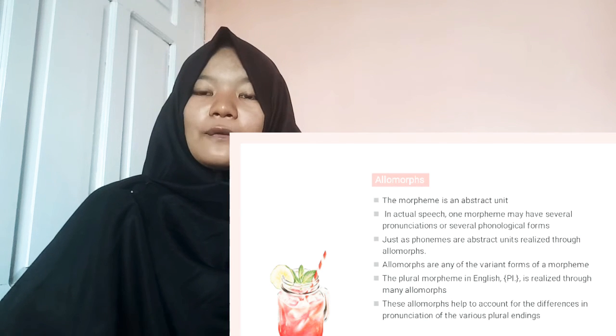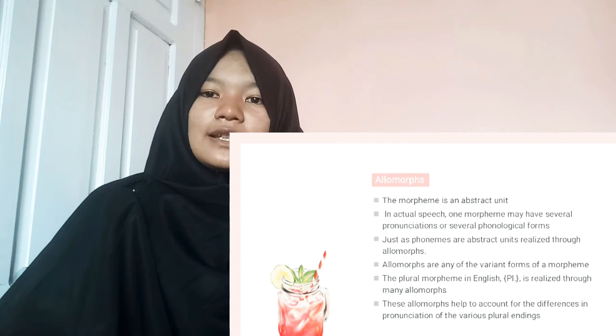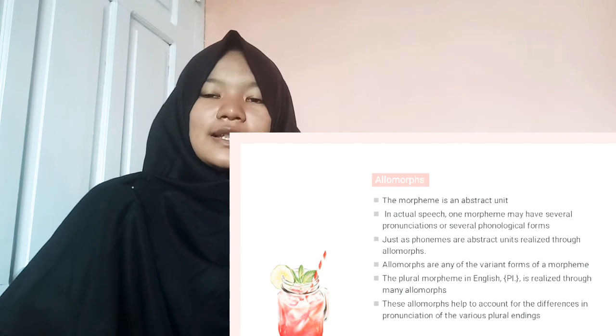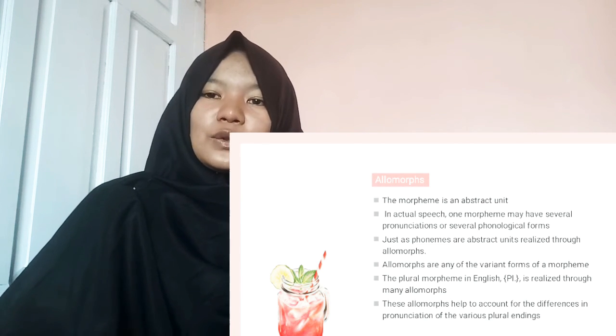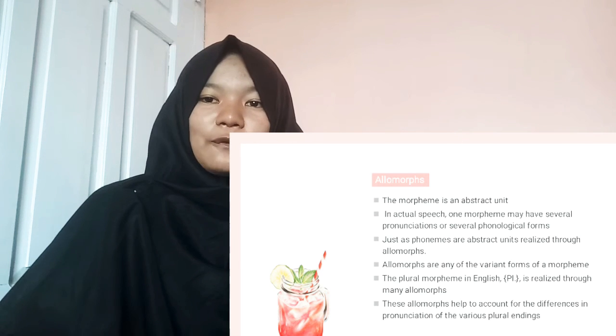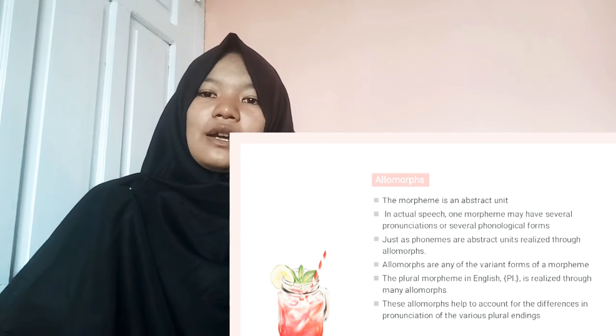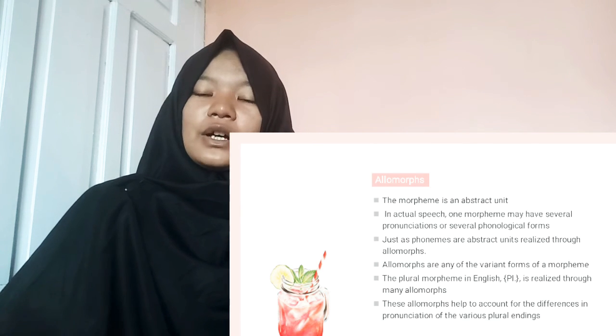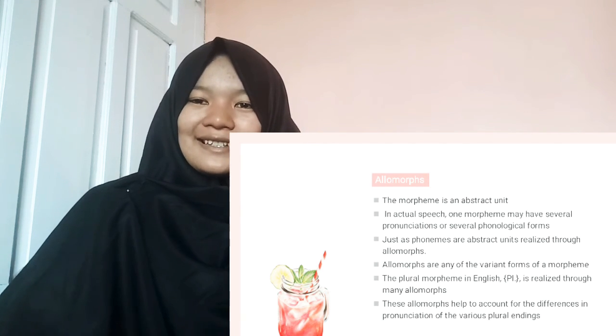The plural morpheme is realized through many allomorphs. Thus, allomorphs help to account for the differences in pronunciation of the various plural endings.